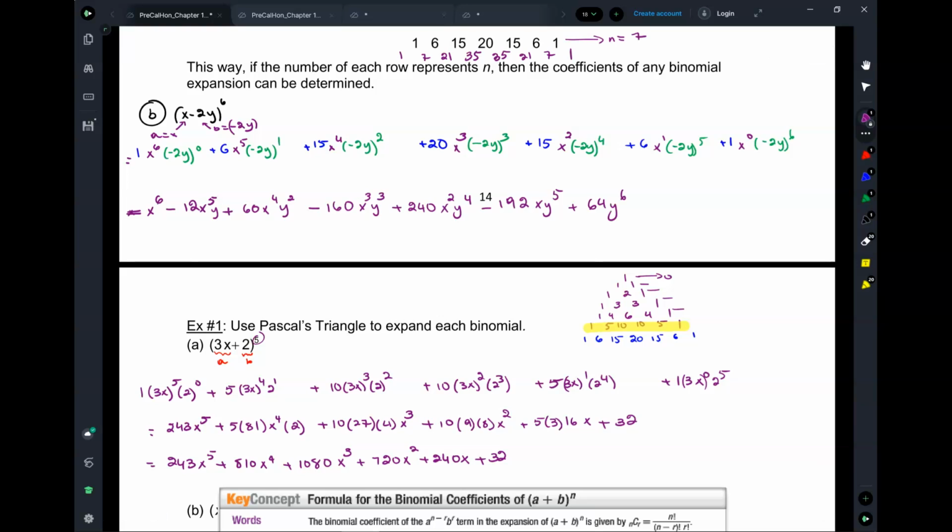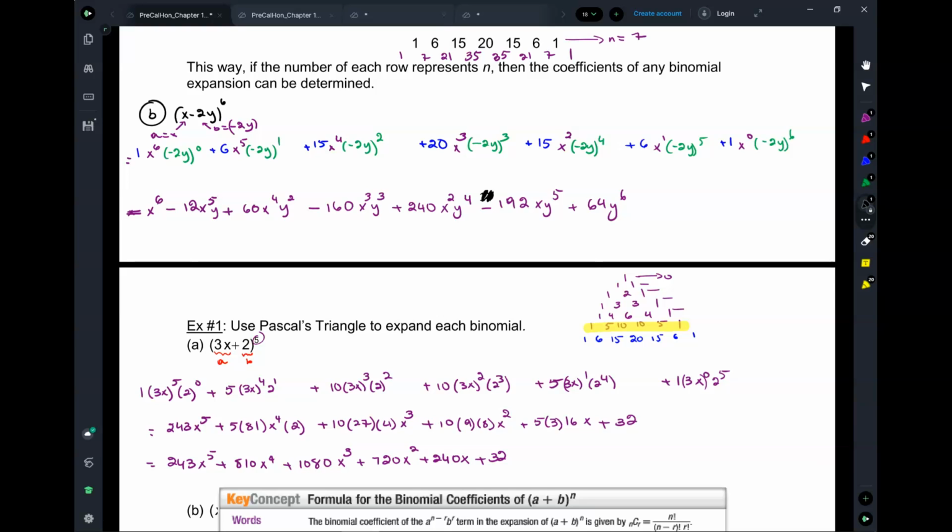Okay? Where did you get that 6 became 12? So it's 6 times negative 2 to the 1, which is negative 12.